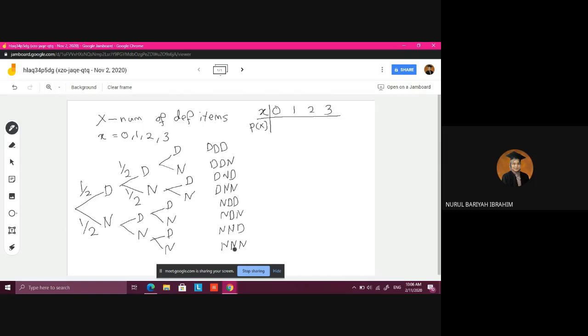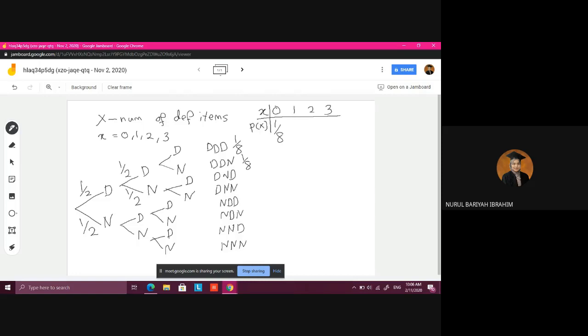It will be 1/8. So here N will be 1/8 untuk dapatkan N. So each of this adalah 1/8 because of this yang kita illustrate kat sini. Okay, so untuk dapatkan 0 defective is 1/8.